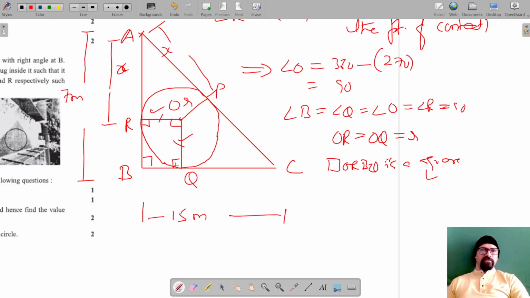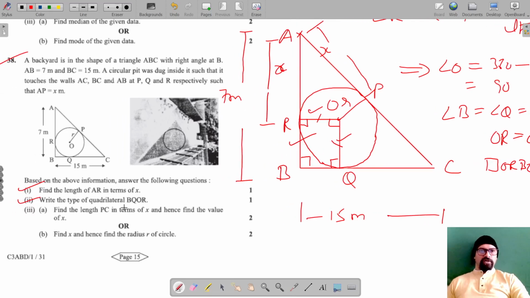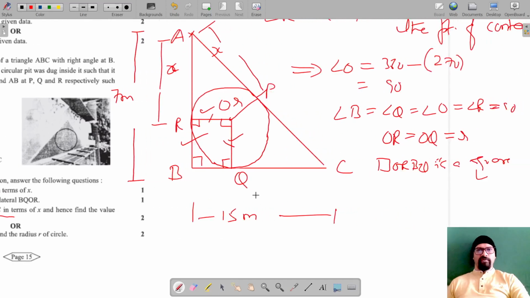So if the adjacent sides are equal and all the angles are 90 degrees, this is a square. So quadrilateral ORBQ is a square, and we have to find the length BC in terms of X.